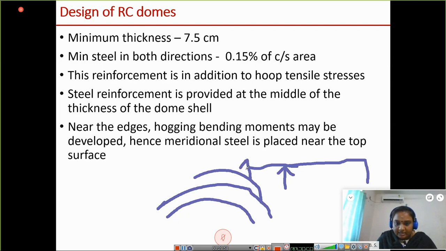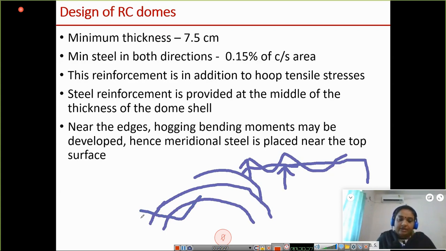This is the fixed end, and here you might get a bending moment distribution like this, right? So here this is the hogging moment, this is the sagging moment, right? In the same way, at the edges of the dome, you might get a distribution like this. So this is the hogging moment, or this is the sagging moment.